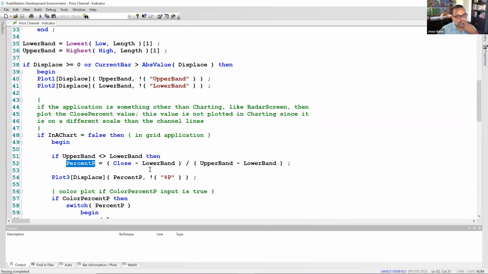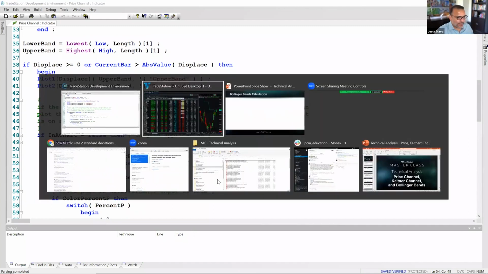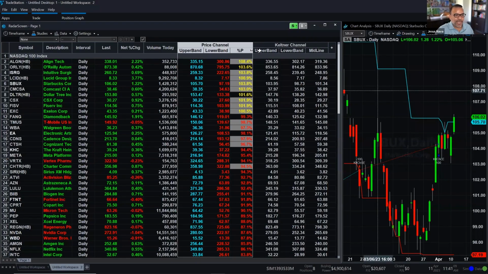Percent P equals the close minus the lower band divided by the upper band minus the lower band. If you use this formula and then create another plot, you can pretty much add that same calculation to any indicator that creates a band or bands around the candlesticks.